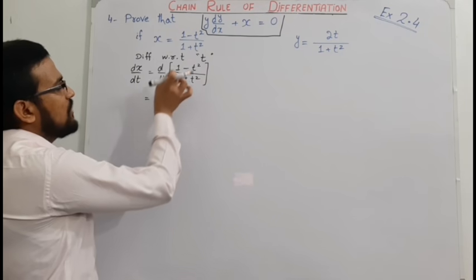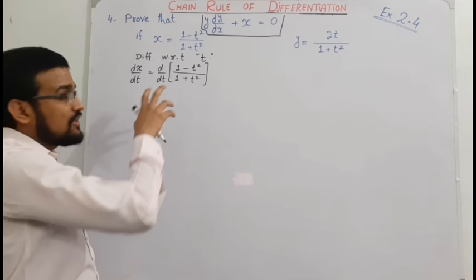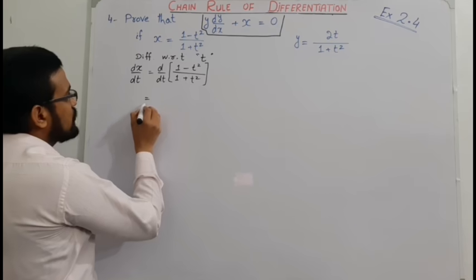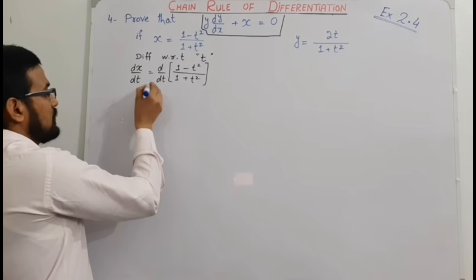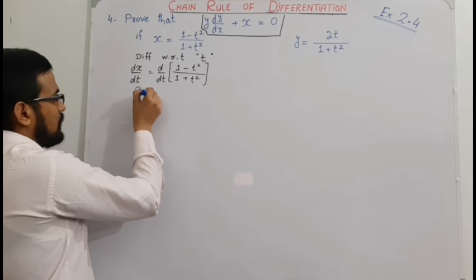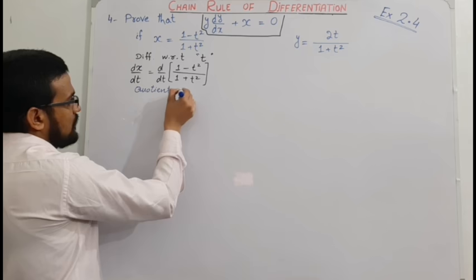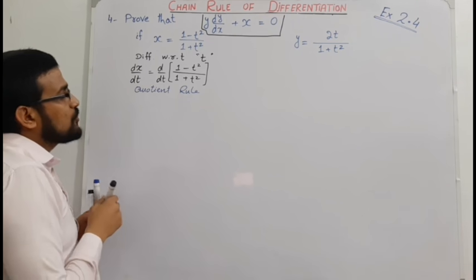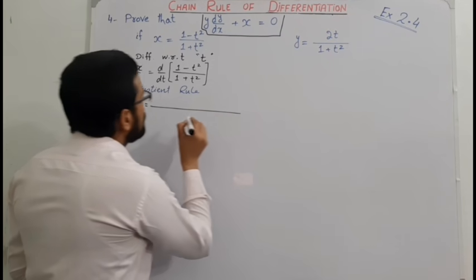So according to the quotient rule: what is the quotient rule?